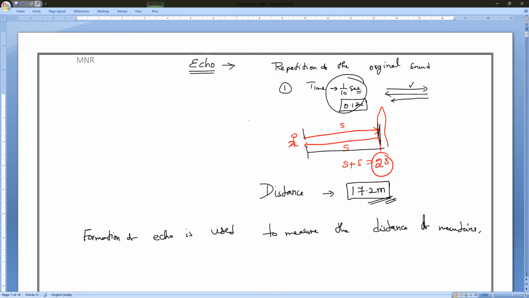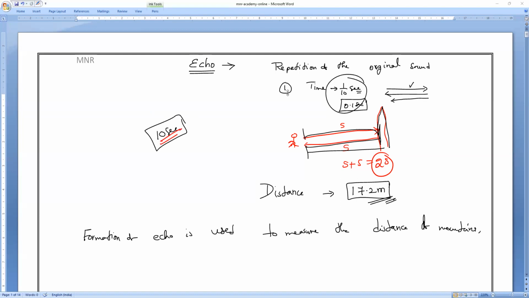For example, I'll ask you one question. Suppose there is a mountain in front of me. I want to calculate how far away it is from me. The total time to hear the echo, going and coming, is 10 seconds. Now, for calculating distance, you must take the total time or only half of the time? Half of the time.